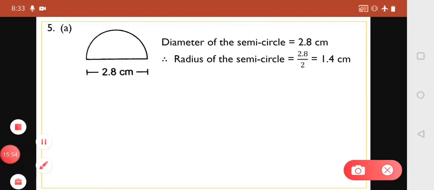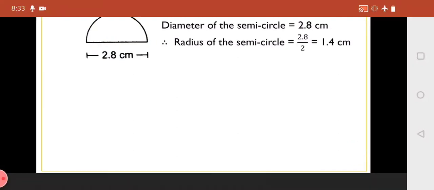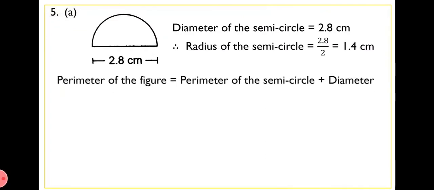That is, the perimeter of the semicircle is this curved part only. But we have to find the whole figure, so the perimeter of the figure is equal to the perimeter of the semicircle plus the diameter.